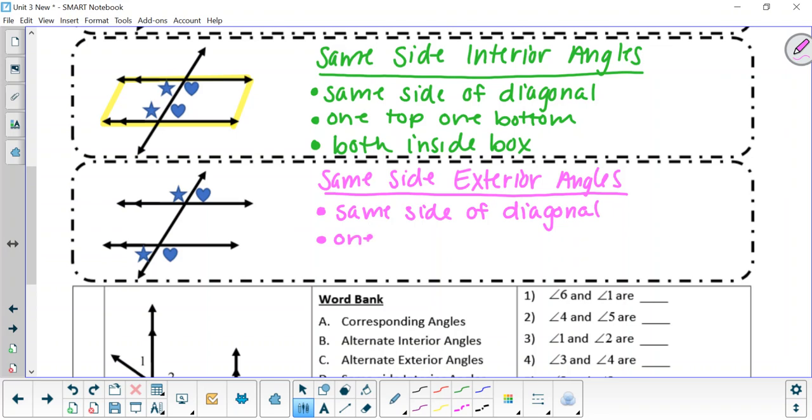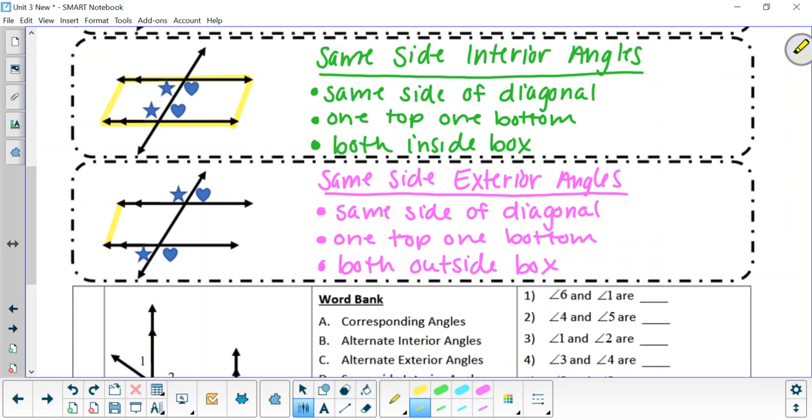One is still at the top. One is at the bottom. But now, both are outside the box, which I forgot to draw. But in our box, we just connect our parallel lines.